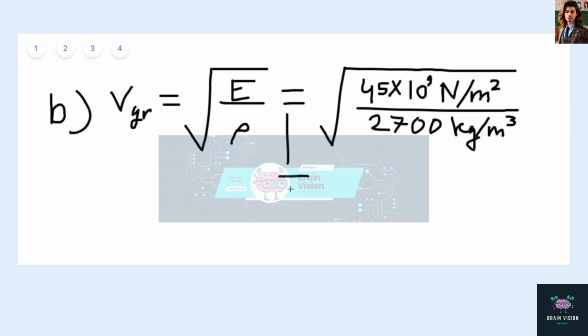That gives you something close to 4,082. This is the speed, so it'll be units of length over time, in this case meters per second.